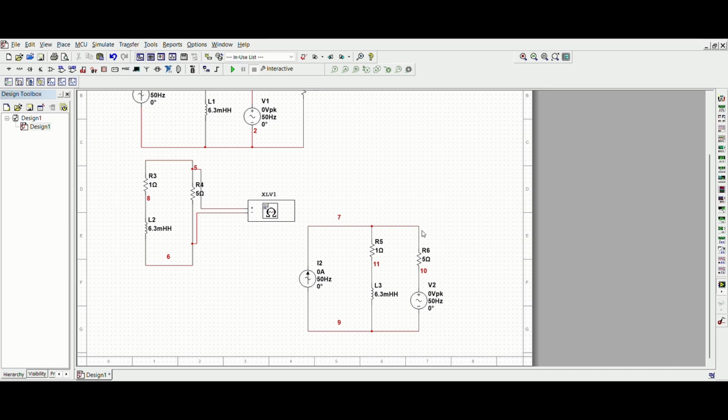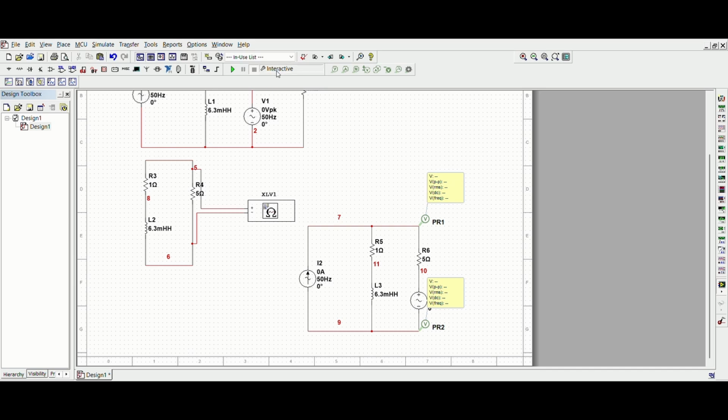For calculating the potential across these points, we will put a voltage probe here and another voltage probe here. As you see, their names are PR1 and PR2.